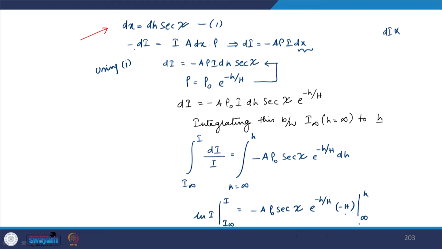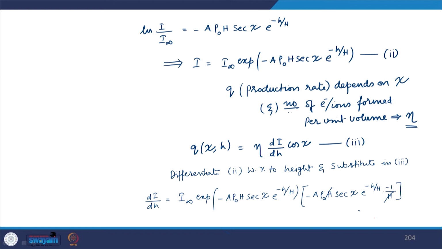So we thought that it will depend on the available density, the volume and the intensity to begin with. There we got the dI. Then we integrated this expression for dI and we got the intensity at any particular point as a function of the incident intensity after having traveled a distance h in an atmosphere which has a scale height capital H, right.